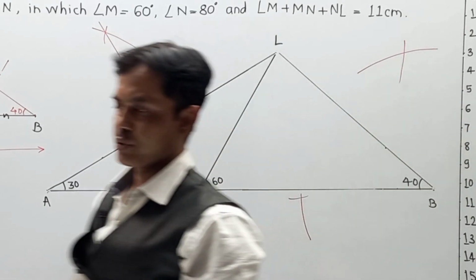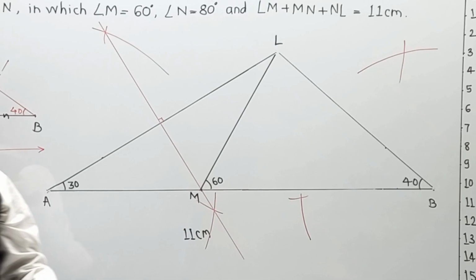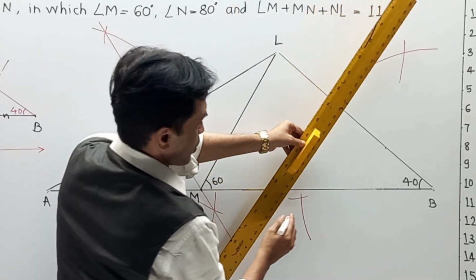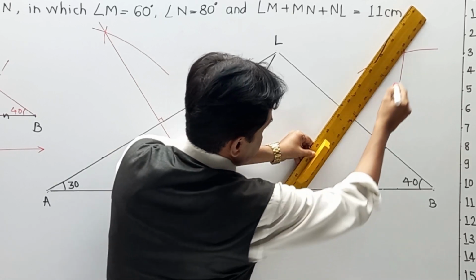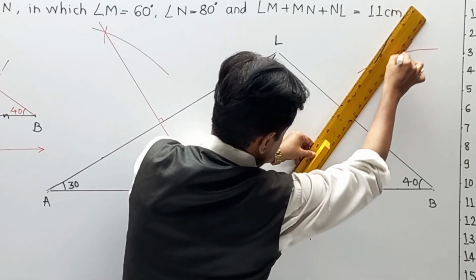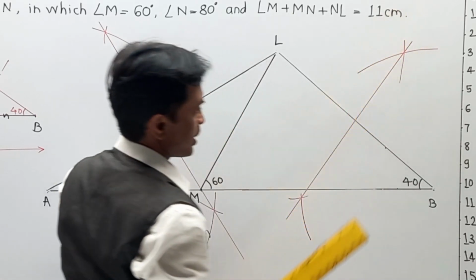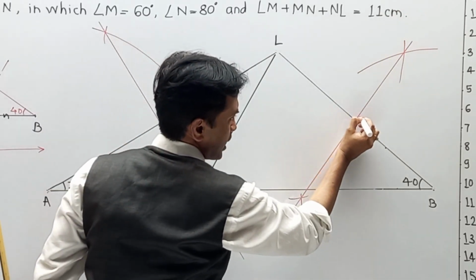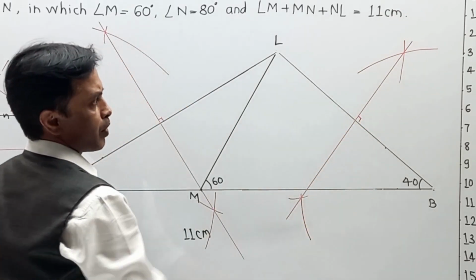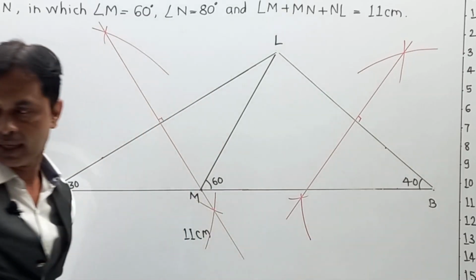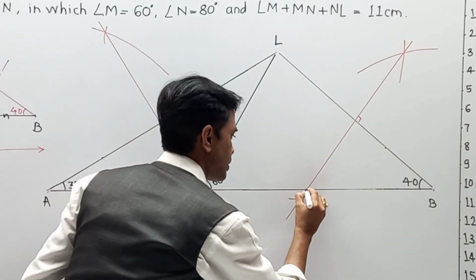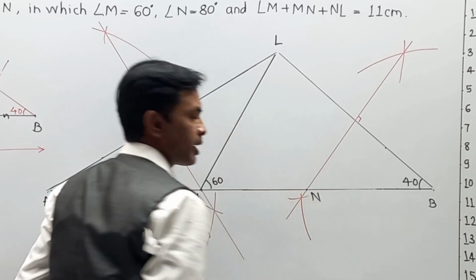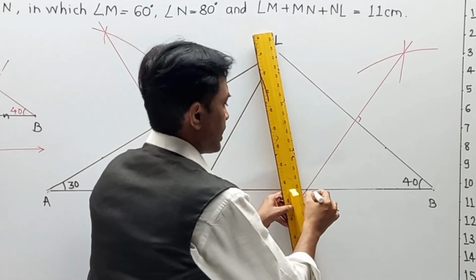And now we have to join this segment over here. So we are going to draw a line over here. In this case, we have drawn another perpendicular bisector for length LB. Now you are able to get a new point, and that new point is nothing but point N. Now you have to join L with N.